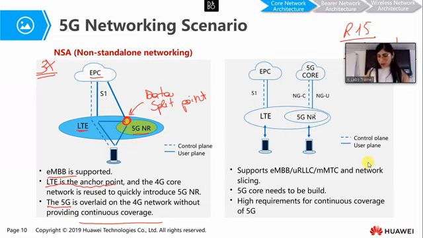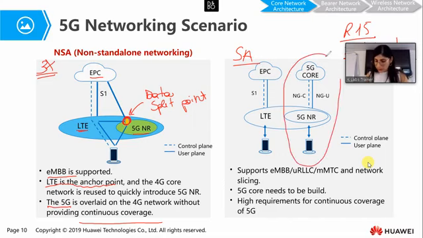Then, from the right side picture, we can see the standalone solution. In the standalone solution, you can see that the 5G network is independent from the 4G network. This kind of architecture supports enhanced mobile broadband services, ultra-reliable low-latency communication services, and massive machine-type communication.